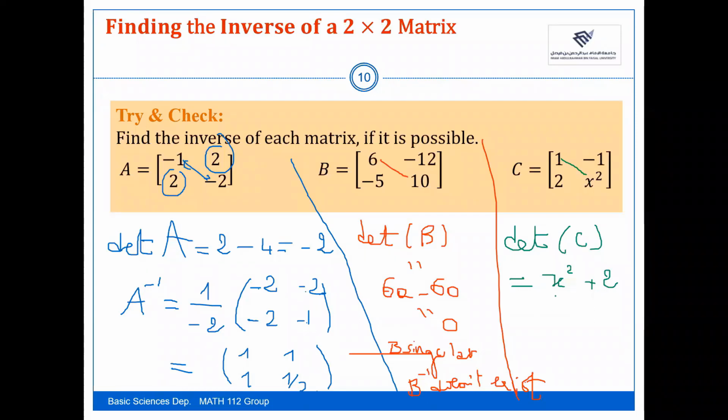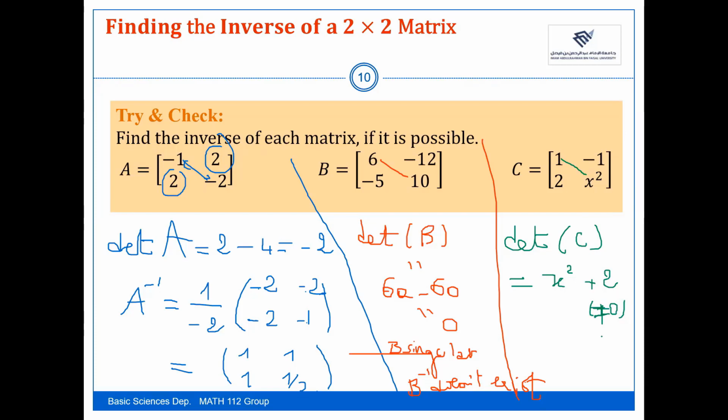It's هذه always different from 0 always. لأنه x سكوير positive وتزيدها 2 so different from 0 always. So C is non-singular always. لما تحل معادلة x square is minus 2 no real solution.